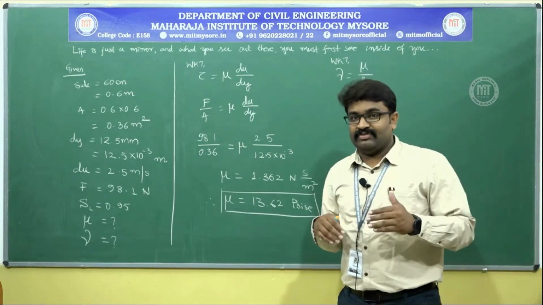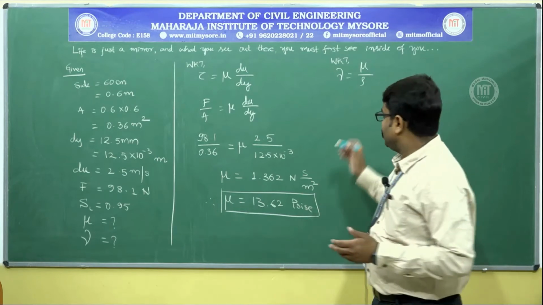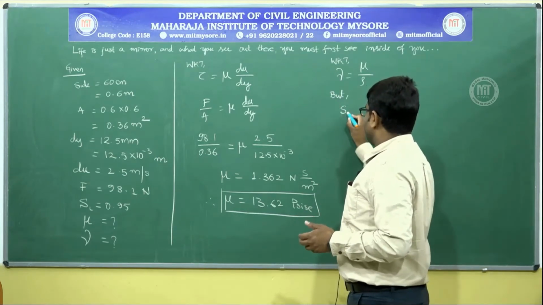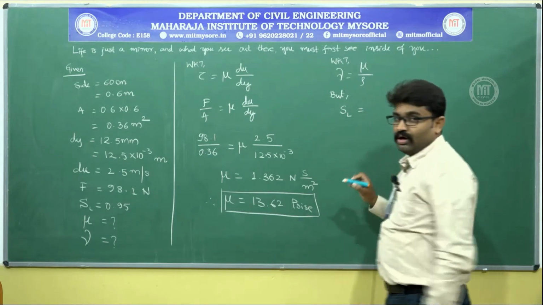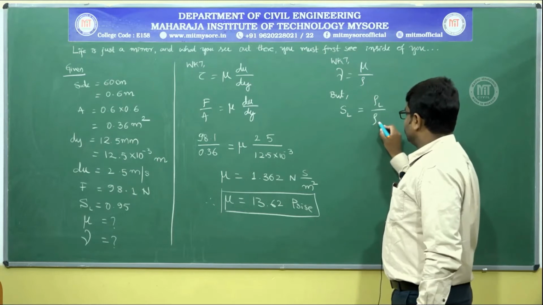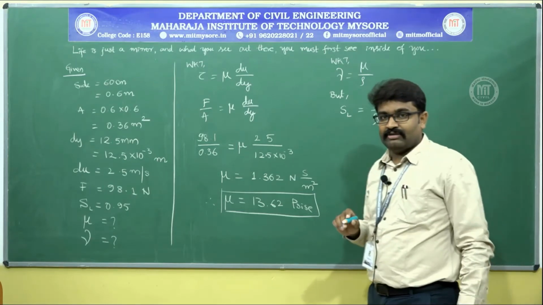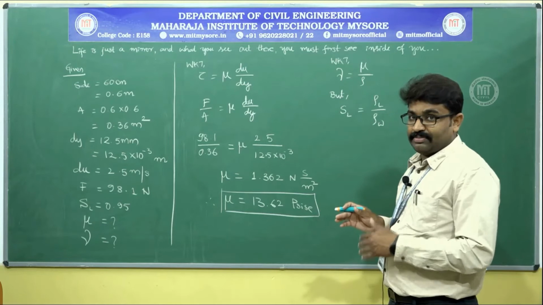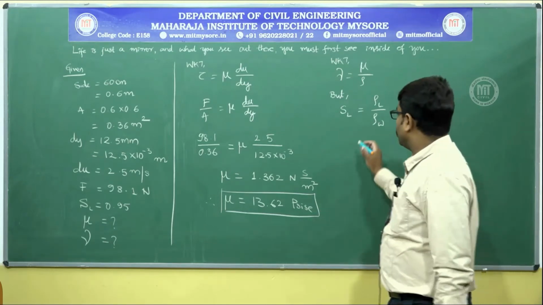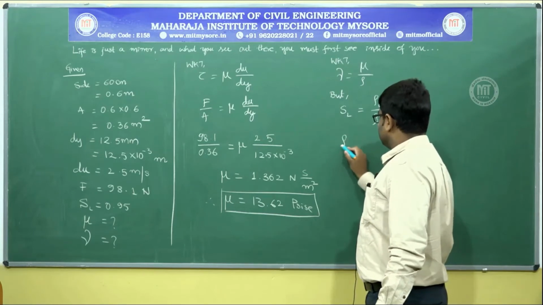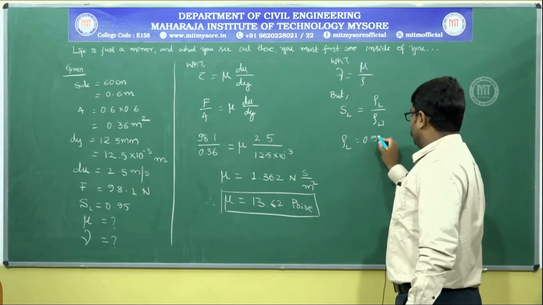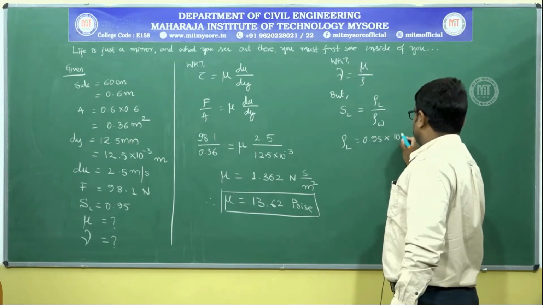From the given specific gravity you can calculate its density, because specific gravity of the given liquid is, as you always know, density of the given liquid by density of the standard liquid. Density of the standard liquid is 1000 kg per meter cube, because the standard liquid is water. Now, density of the given liquid is equal to the specific gravity 0.95 into 1000.